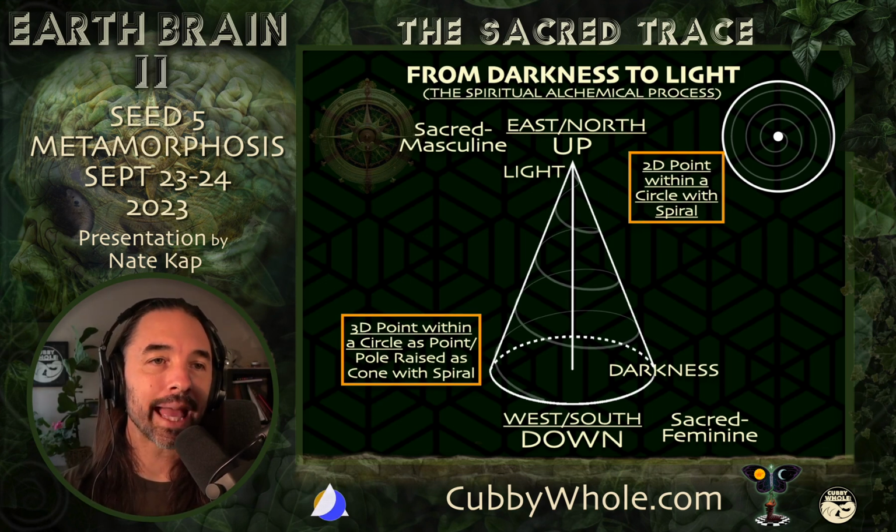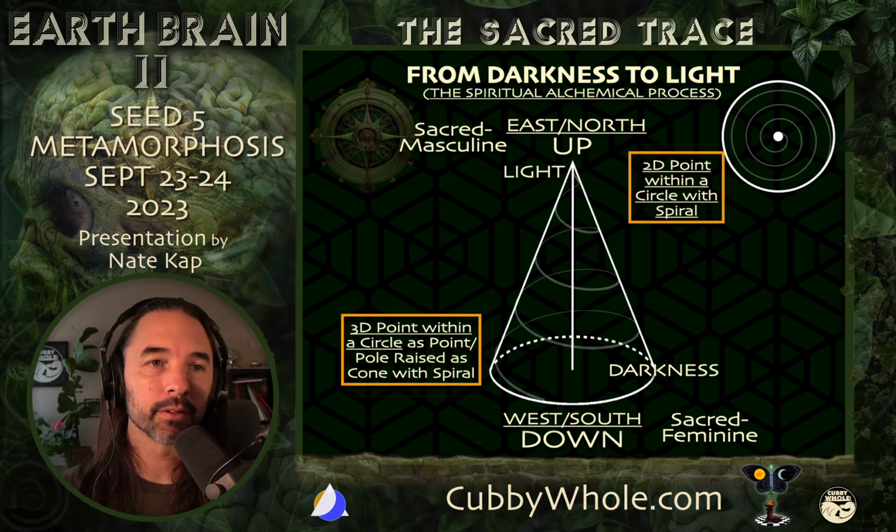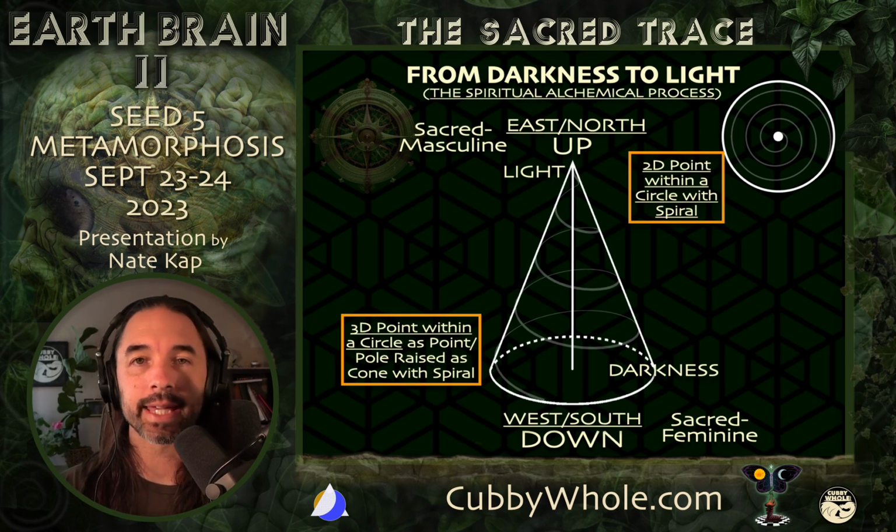It's about starting out in the sacred feminine, okay? The aspects of consciousness, which is about beginning. It's the beginning of the journey in the circle, okay? And then working our way towards the point, or the central pole, which is akin to light or law or truth, okay?